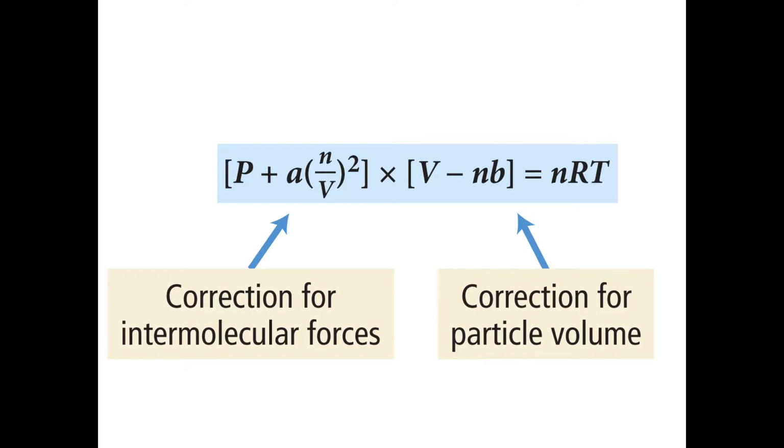So this is the equation for a real gas, okay? Can you see how this looks like P, V, and RT, right? So it's not that different from an ideal gas. The ideal gas is up here in red, but here's a correction for pressure.